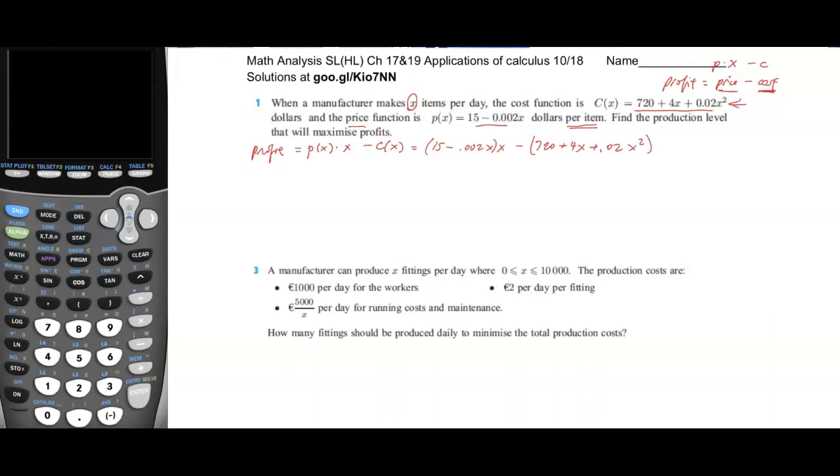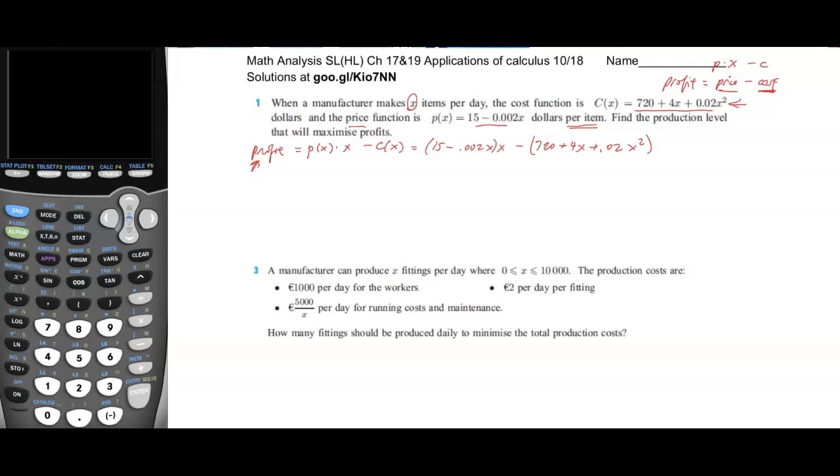Then we want to maximize this quantity. Of course we're going to take the derivative eventually, because to find the maximum point we need to find the derivative and set it equal to 0.